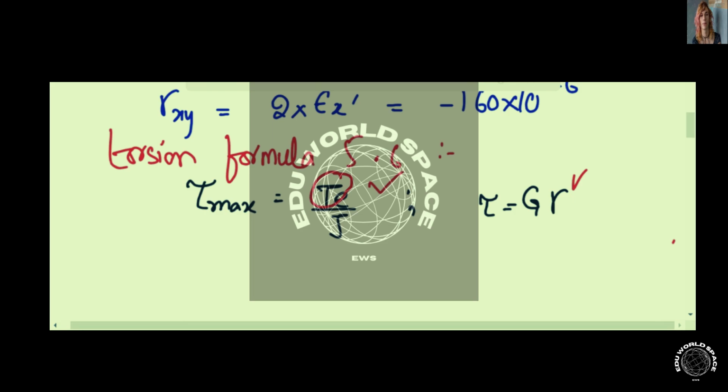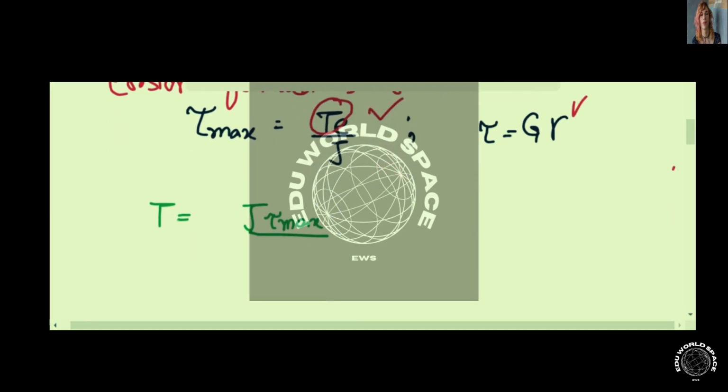So torque is equal to J times torsion maximum, right? Divided by c, right? And that is equal to pi by 2 times c raised to power 4 G times gamma max divided by c, right?